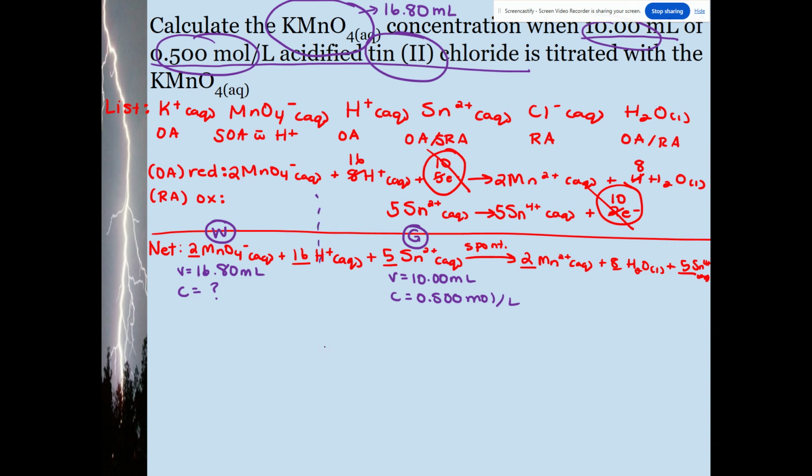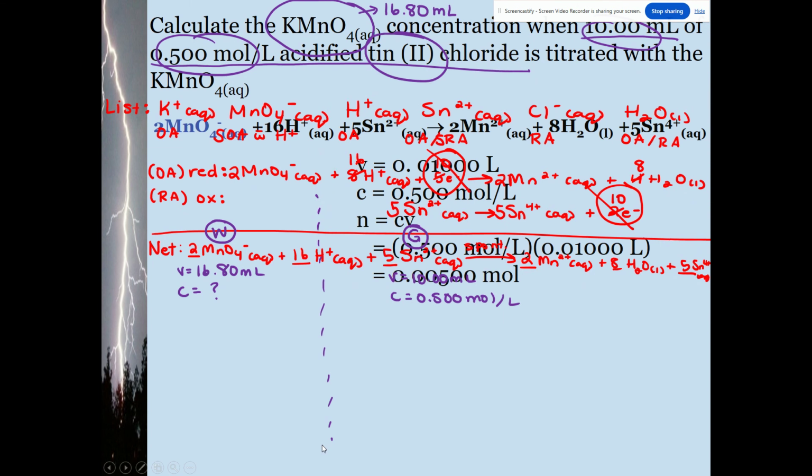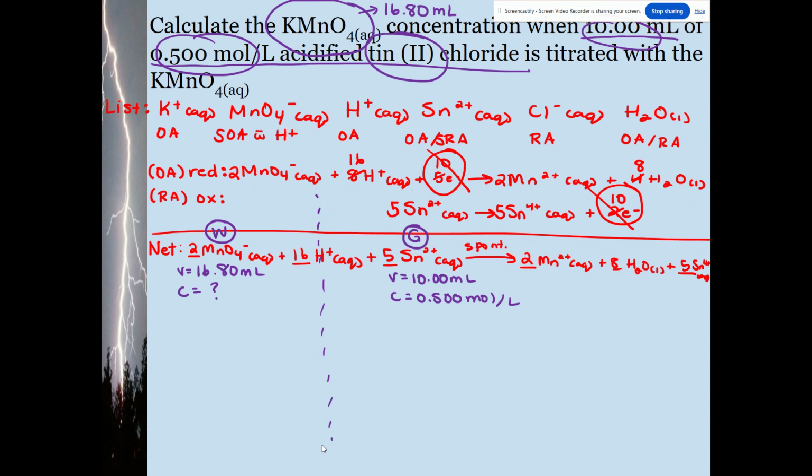Now, when I have a titration, if both volumes are in milliliters, I can actually leave it. And I'll show you how that works in terms of unit analysis. So my moles given comes from C times V. So my concentration, 0.500 mole per liter, times my volume.